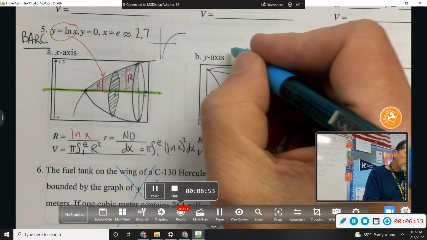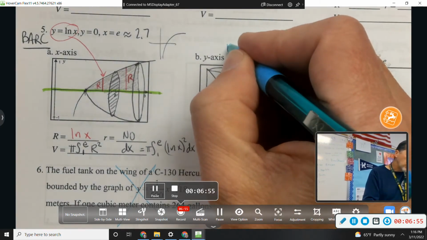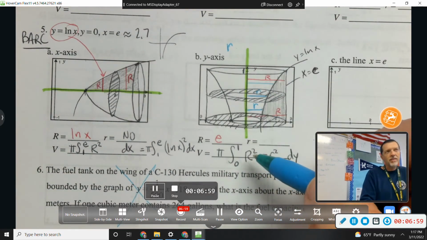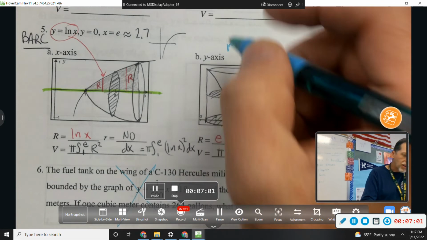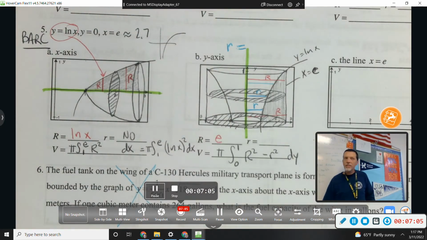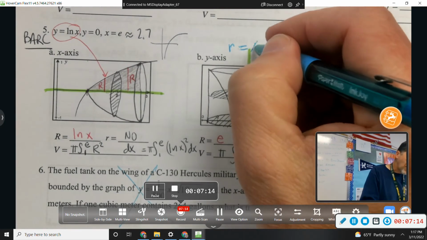The something minus happens when your axis of rotation is not on the x or y axis. So I don't think it's going to be anything minus. Is it an x value or a y value? Is it left and right or up and down? The little r. Yeah, it's left and right, so that's x.